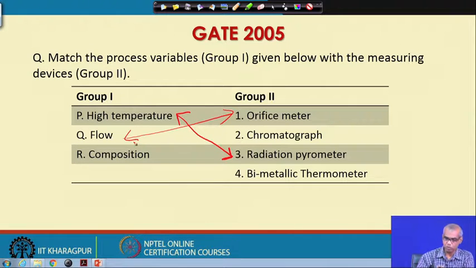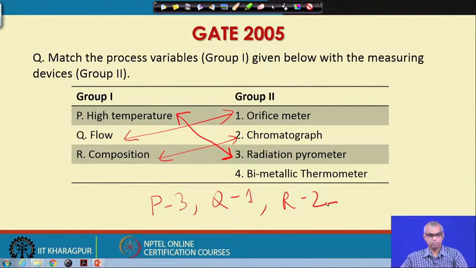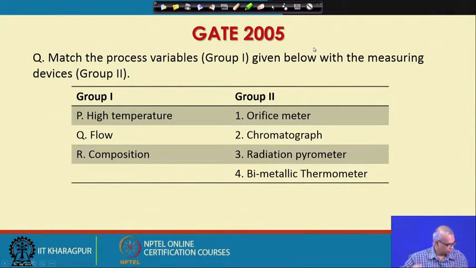Composition, chromatograph. So, the correct answer is P 3, Q 1, R 2. So, P 3 Q 1 R 2.